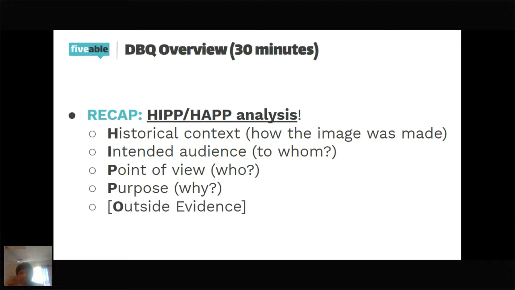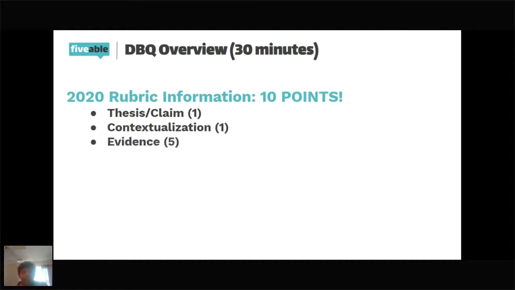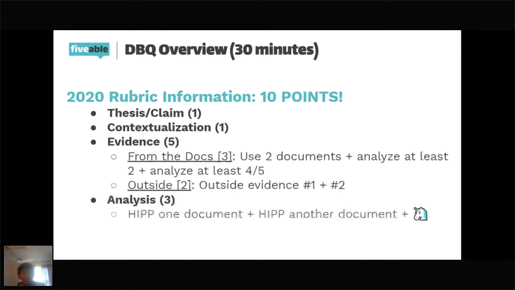And once again, outside evidence. If I remember correctly, you had to do it twice this time instead of once. I'm just gonna flash the rubric information real quick. Are you talking about the outside evidence? Well, some people make the mistake of connecting it just to the document. First of all, don't make a summary, there's already one step forward. Don't just summarize it, but connect it to your thesis itself.